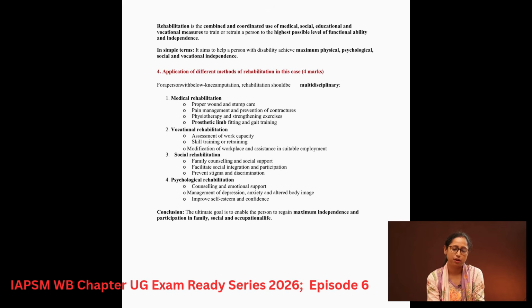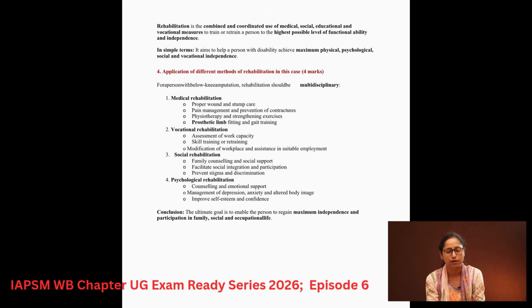In the vocational rehabilitation, you can write about these following points, that is assessment of the work capacity of that individual, skill training or retraining, modification of workplace and assistance in suitable employment. Social rehabilitation will include family counseling and social support, facilitate the social integration and participation in the social events, prevent stigma and discrimination.